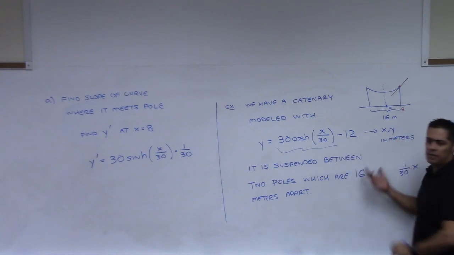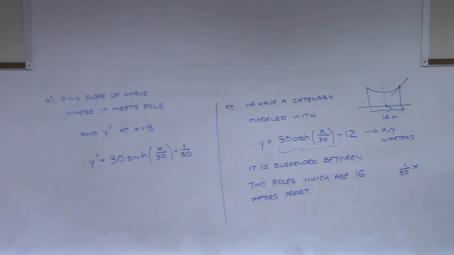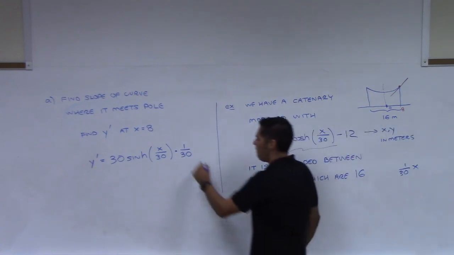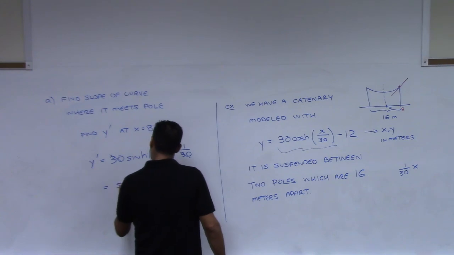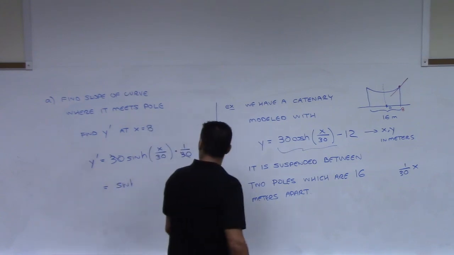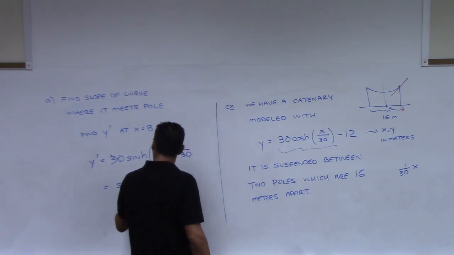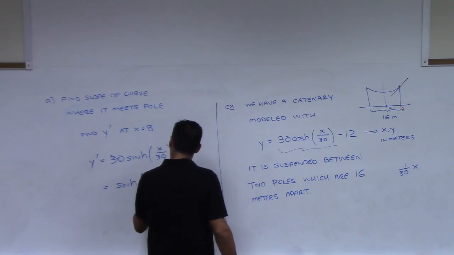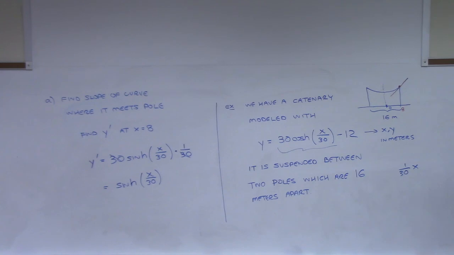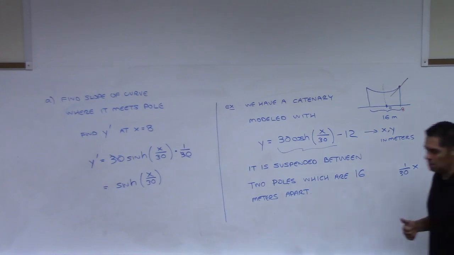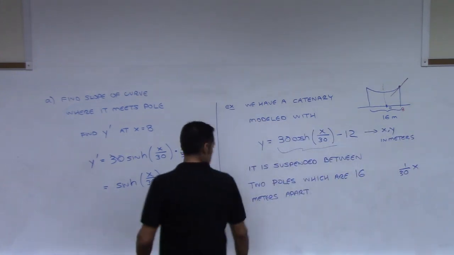Now we have minus the derivative of 12, which is just 0. And look, those 30s cancel. That's nice. So we have sine hyperbolic of x over 30 is y prime. But we want to know the value of that at x equals 8, so just plug 8 into this.